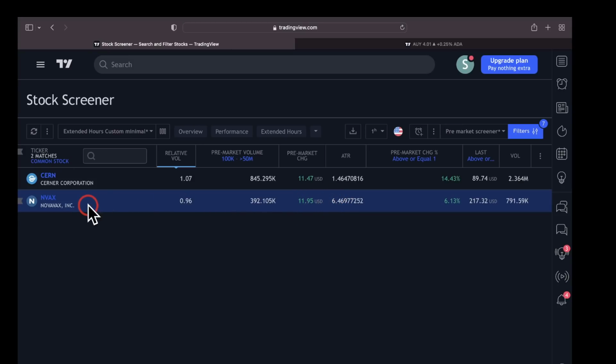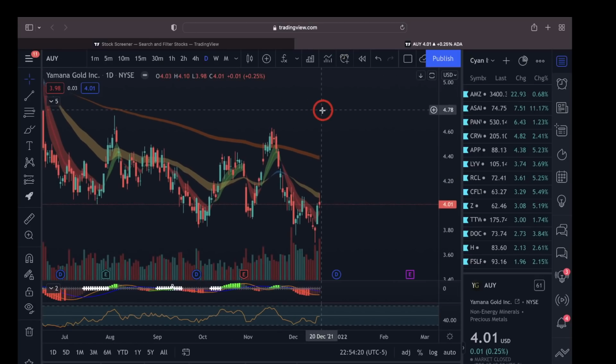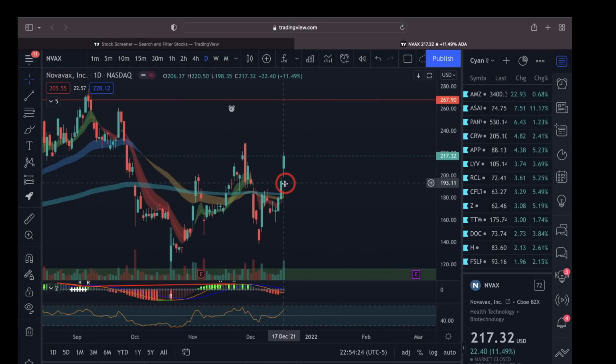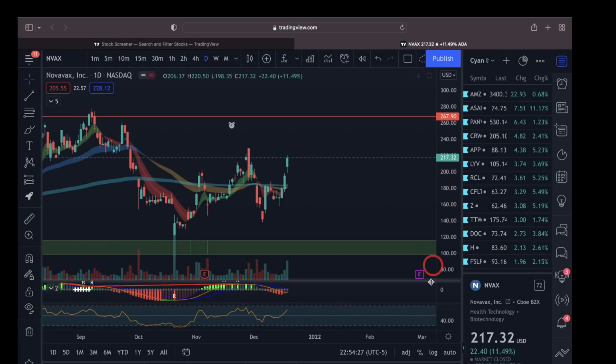So let's look at these two charts now. This was the NVAX chart, and this was the pre-market gap, as we saw here.